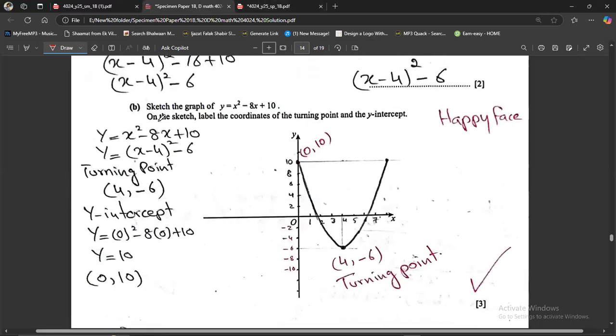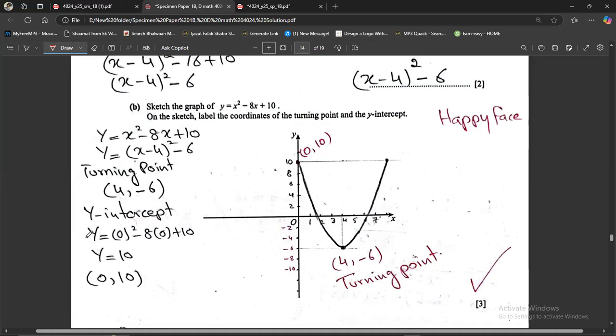This is the x of the turning point, and this is the y of the turning point. Its sign is always changed. So at 4 comma minus 6, the graph takes a turn, and this is your minimum point. This is the turning point of your parabola. So for the y-intercept, I will put x equals 0 in the given equation.